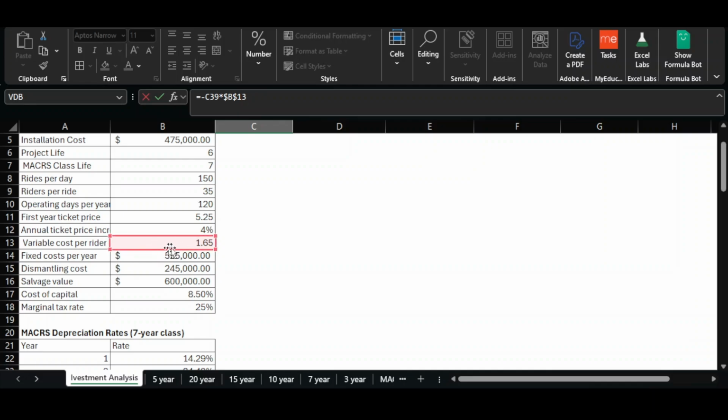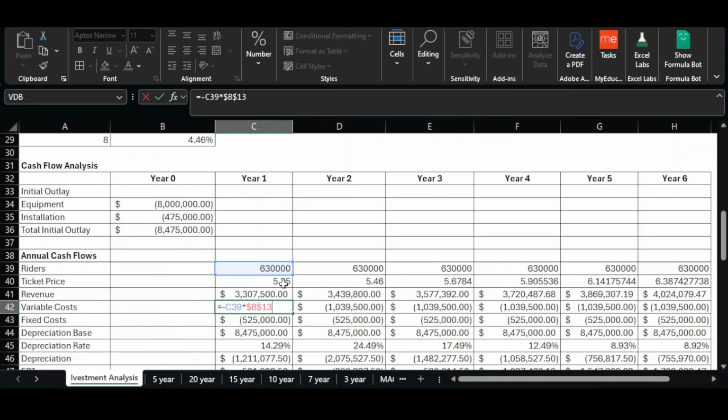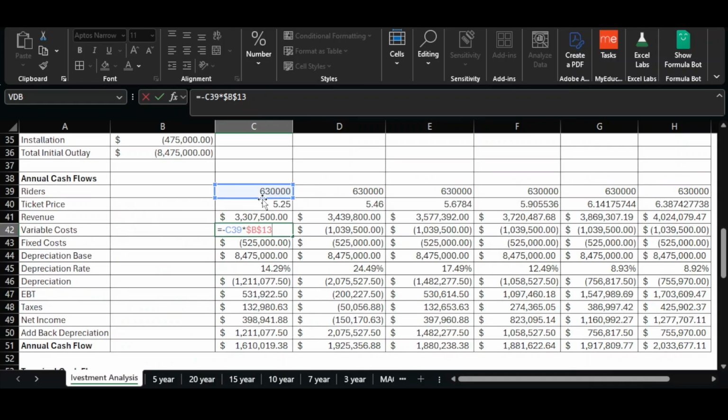It's given, $1.65. But since there are 630,000 riders for year one, you get the product of 1.04 million approximately. And again, it's negative in accounting because you're multiplying a negative value by the number of riders.